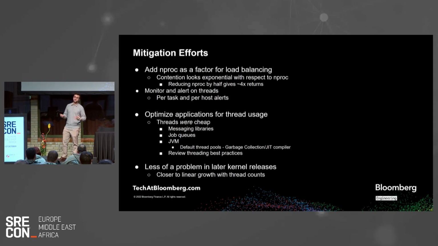Because even idle threads have an impact here, we want to join on threads as soon as possible so they're not affecting our system any longer. And one other thing we can consider is that this is less of a problem in later kernel releases. We see from more profiling and chaos testing that this is closer to linear growth with respect to thread counts. And I believe there's a talk on implementing kernel upgrades in your system tomorrow, so stay tuned for that.